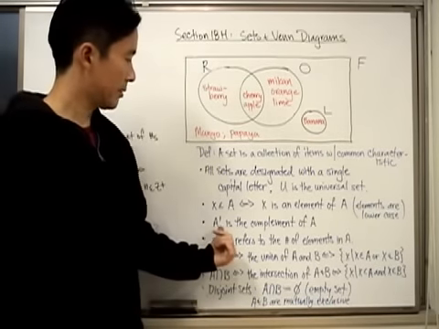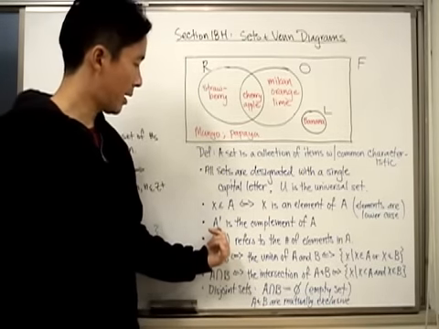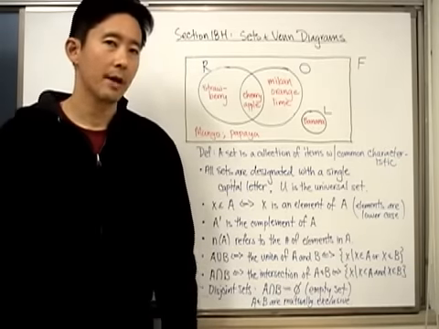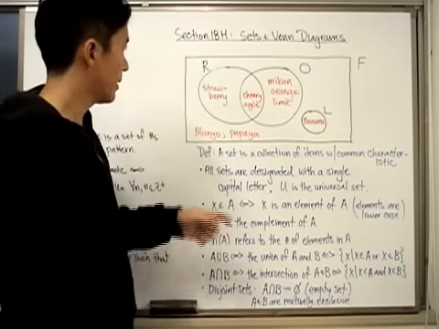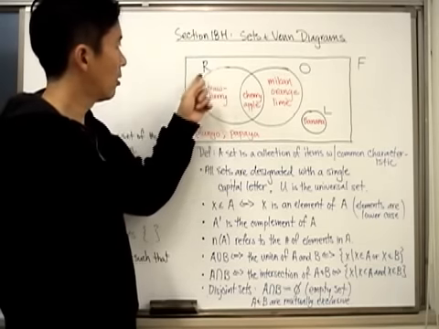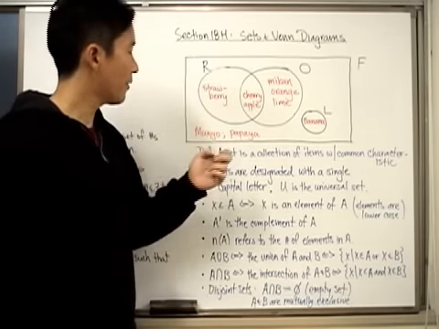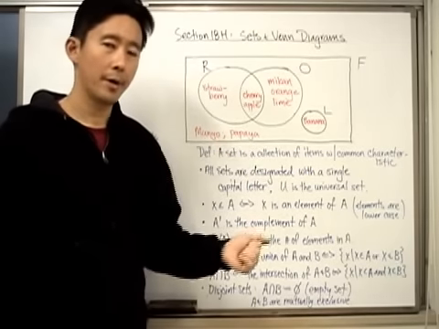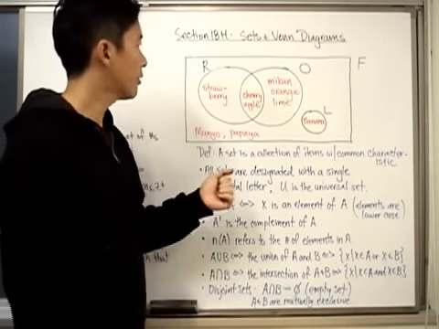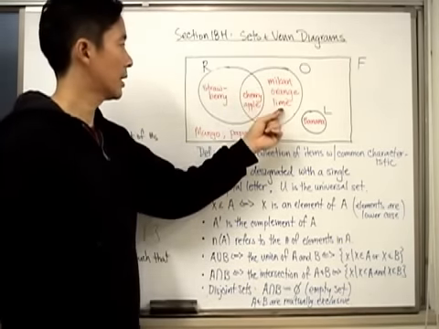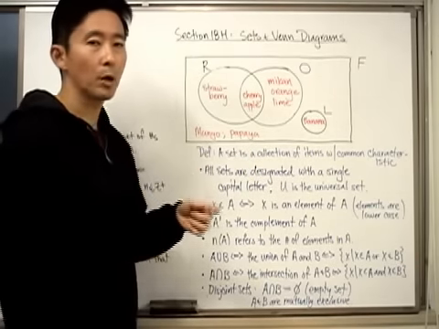Okay, now let's take a look at the next one. It says A prime is the complement of A. So let's talk about, for example, R, which is composed of the strawberry, the cherry, and the apple. If I was to say R prime, then really what I'm referring to is the mikan, the orange, the lime, the banana, the papaya, and the mango.